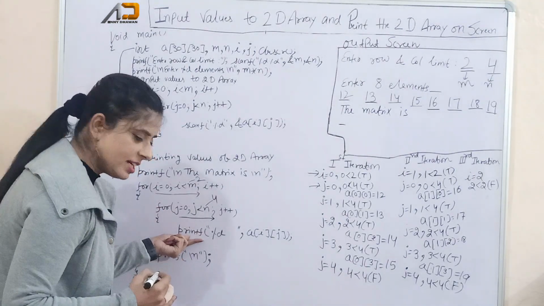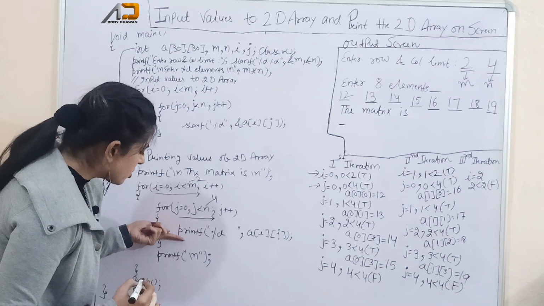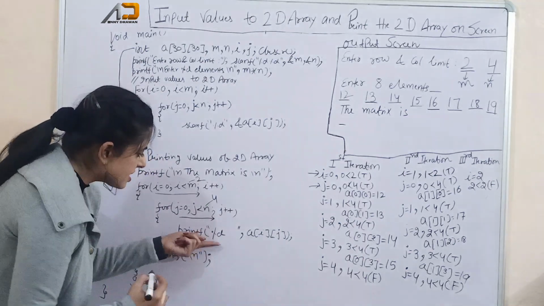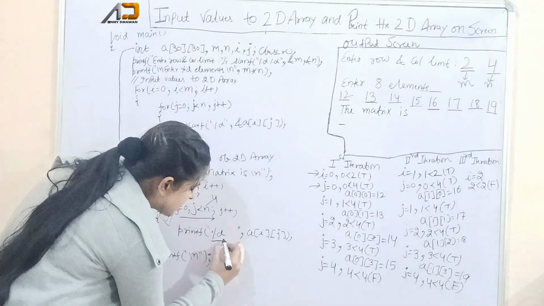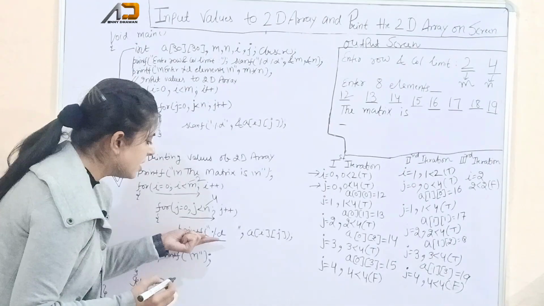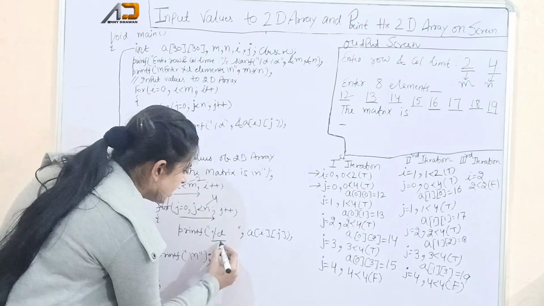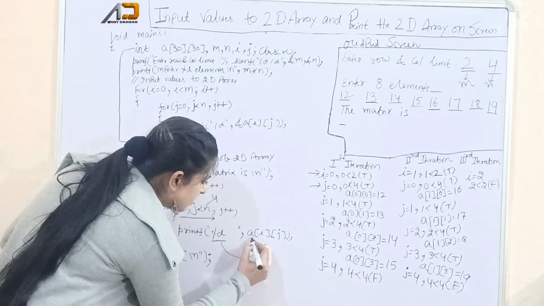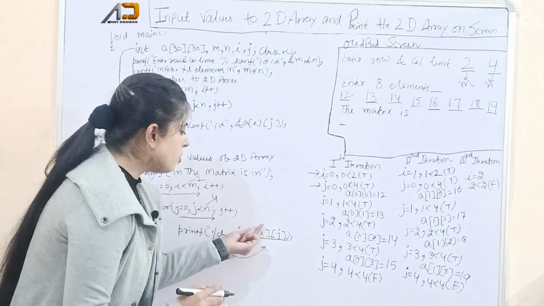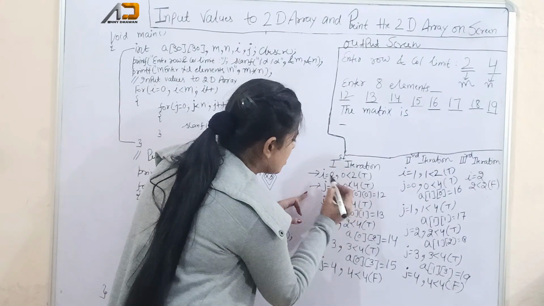And in loop body, what is the next statement? That is printf function. And now here printf function is going to print an integer value here, because I have written %d format string here. So printf function is going to print an integer value on the screen stored in the variable a of ij. What is the value of I and j here? 0 and 0.